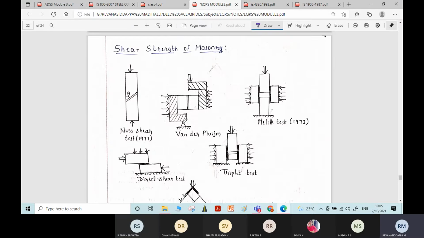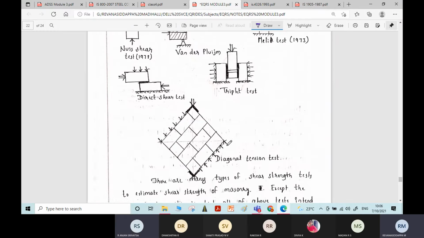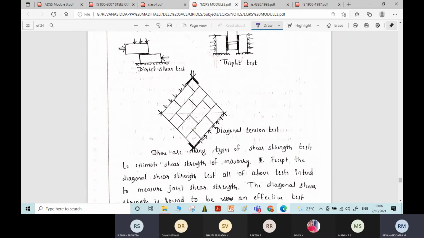Here I have drawn figures of different tests performed to assess the shear strength of masonry. One is the nose shear, the Van der Pluijm shear test, the Couplet test, the direct shear test, the triplet test, and the diagonal tension test.